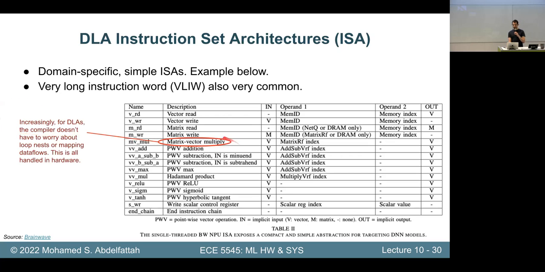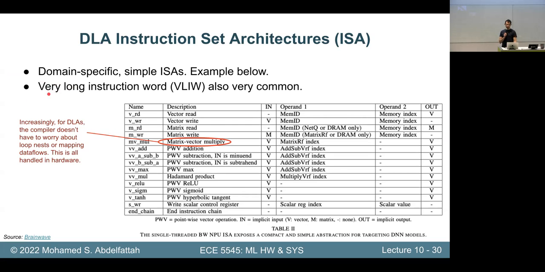So for example, the compiler doesn't even need to worry about the data flow of your matrix vector multiplication, because there is a low-level instruction that does that. The compiler would just need to make sure that this instruction is called at the right time, and that's it. And so increasingly, these compilers for machine learning accelerators, something like a TPU, are becoming much simpler than compilers for general languages like C++ or even CUDA.